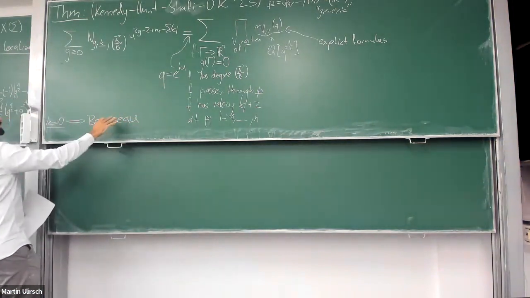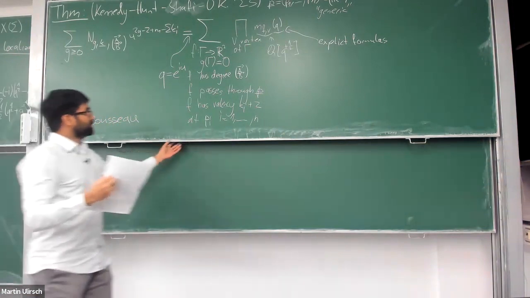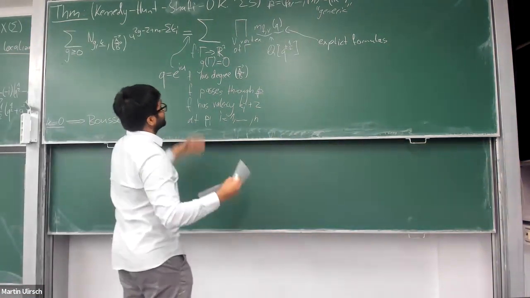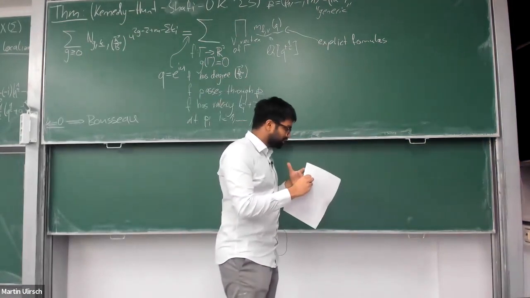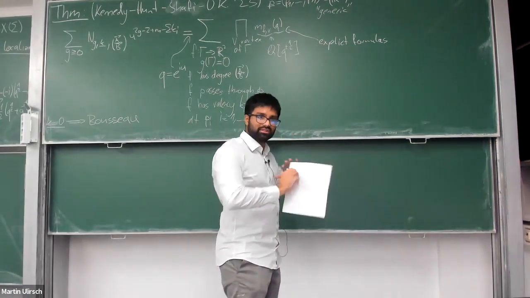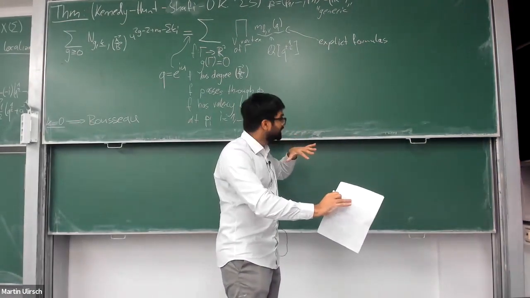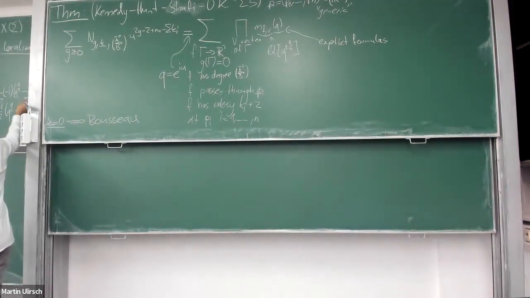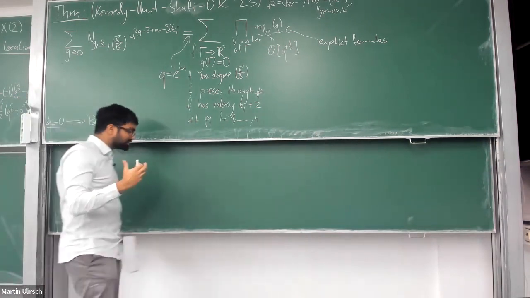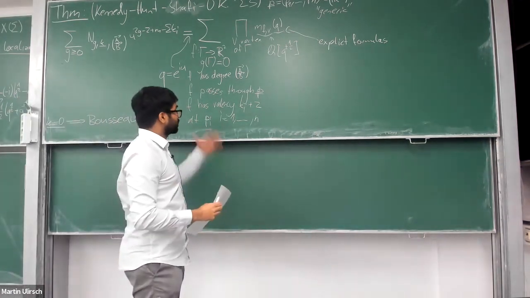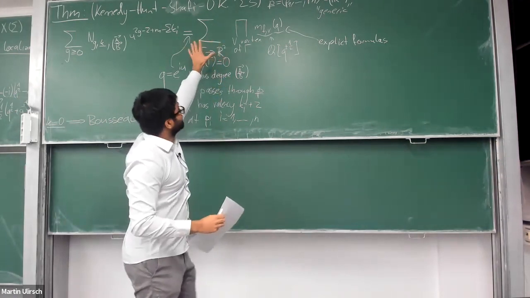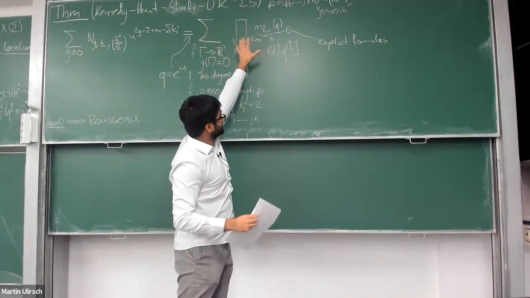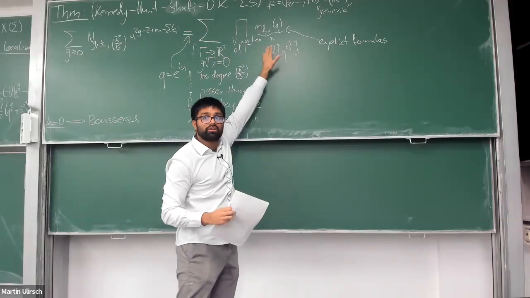So he proved this result, and in the case where K equals 0, this right hand side will not have these higher valent vertices. It will just be trivalent tropical curves, and the multiplicities that appear will be exactly of this form always, and these are the Block-Göttsche multiplicities.